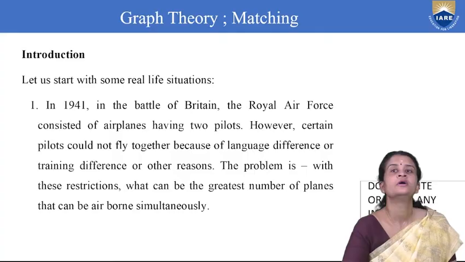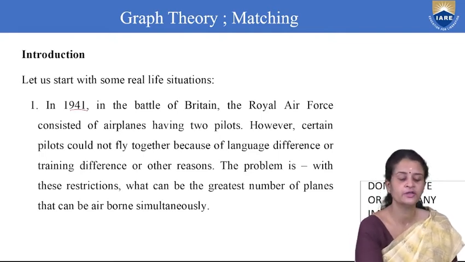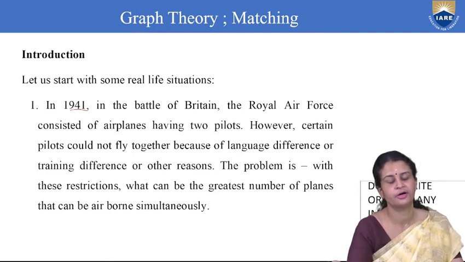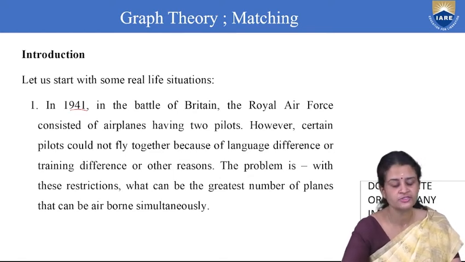Starting with one real life situation, it happened in 1941. In the Battle of Britain, the Royal Air Force consisted of airplanes having two pilots. That is, the British Air Force had planes having two pilots. However, certain pilots could not fly together because of language difference, training difference, or some other reasons.